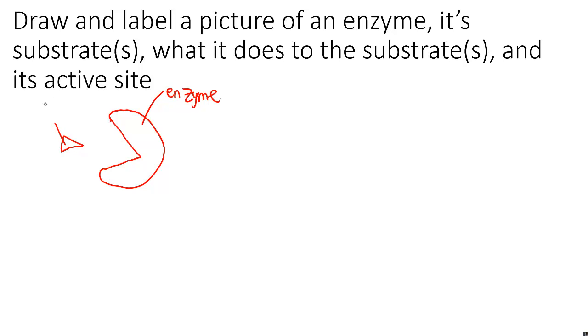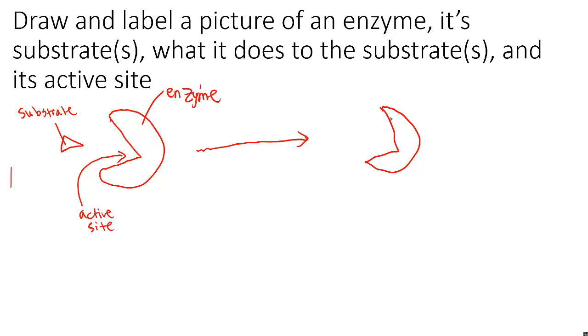This is the substrate, and this right here is the active site, okay? And then we are going to show what happens to the substrate. So it's going to go into the enzyme, and after the substrate goes in there, what happens after that is the substrate is broken into two smaller pieces.